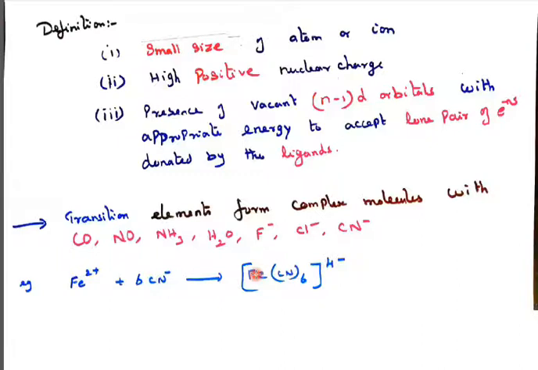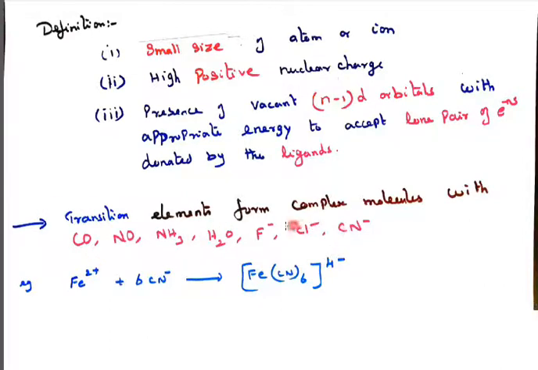An anionic complex means the central metal name ends with ate. So it is ferrate(II). It is an ionic complex, so it ends with ion. So hexacyanidoferrate(II) ion. This is a complex formed by the ligands.